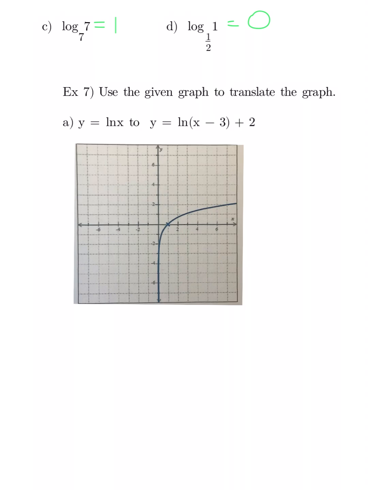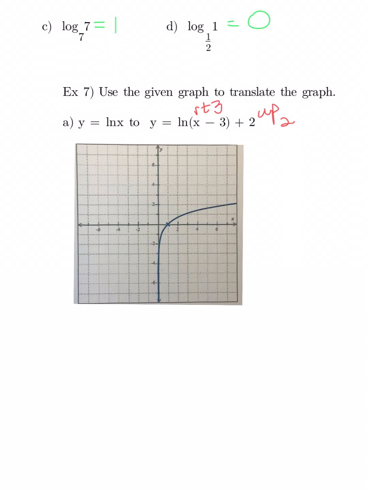So remember, when the number is being added or subtracted inside the function, that is a right or left motion. So the minus 3 is a right 3. The plus 2 tells us to take the whole graph and move it up 2.